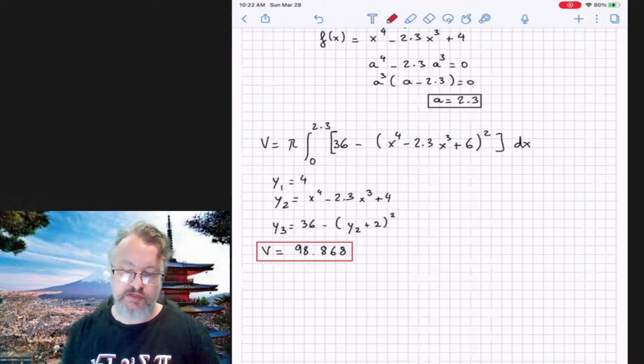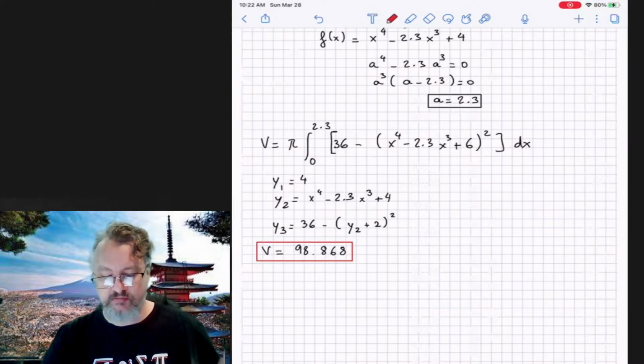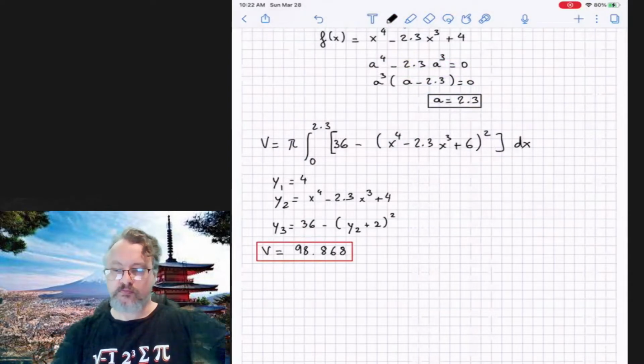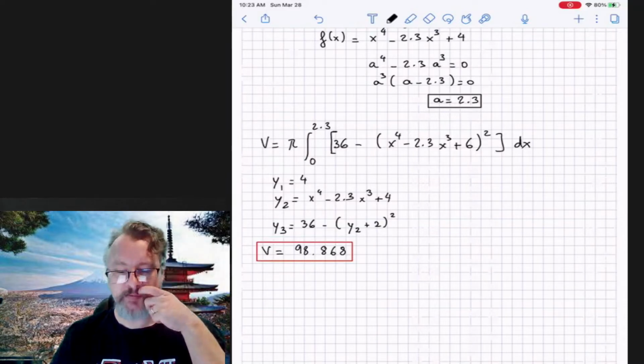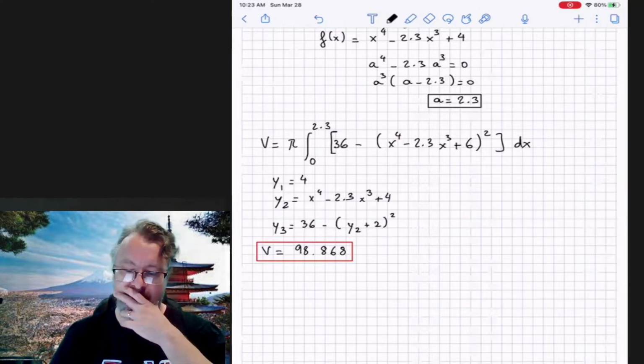So let's try to do it the way they want. On my calculator, I got 98.8678899, so just run it like this, okay? So, typical of the AP test, a little solid of revolution problem where you need to use your calculator, right?